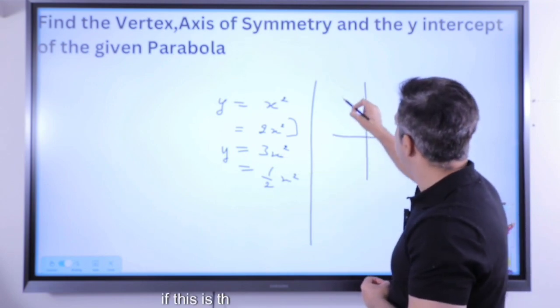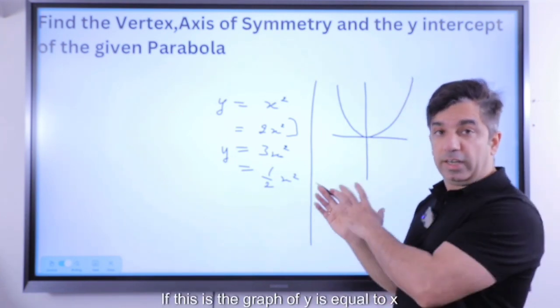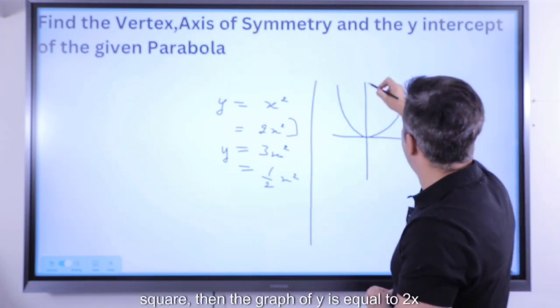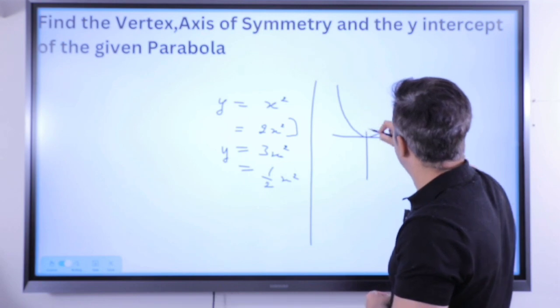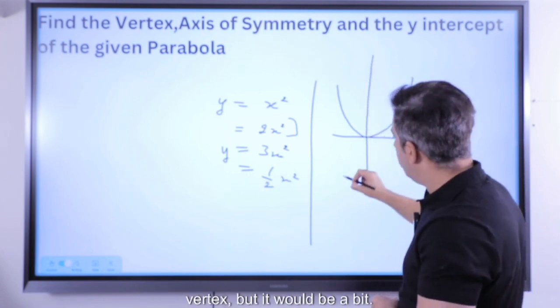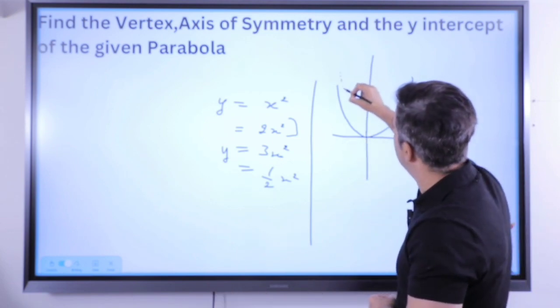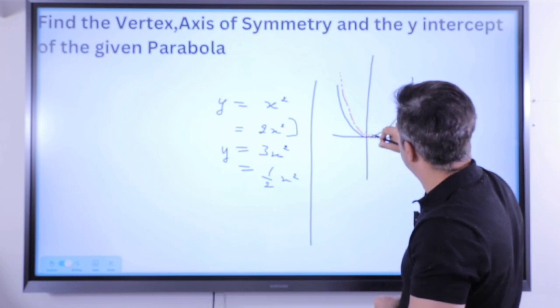So if this is the graph of y is equal to x square, then the graph of y is equal to 2x square would pass exactly through this vertex, but it would be a bit higher than this one. It would be somewhat of this kind.